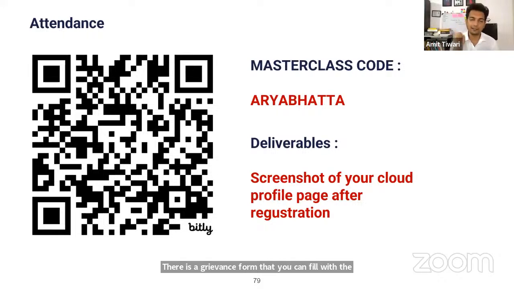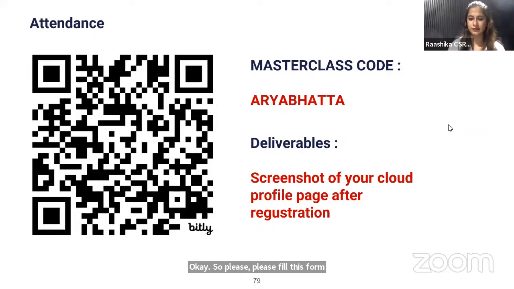If you can specify your domain ID, your college name, and all this to us, we will send this form to IBM and get you registered there. Okay, so please fill this form. My colleague Vaishali will be sharing the link of the grievance form in the chat box.